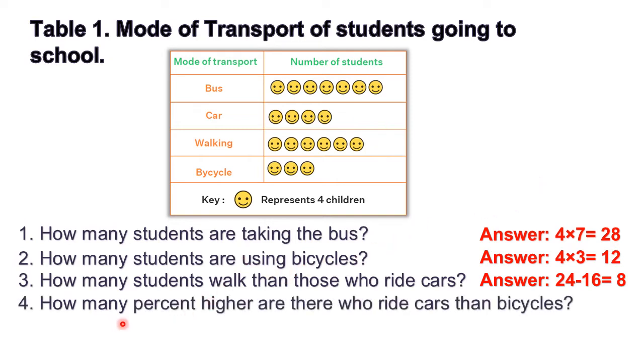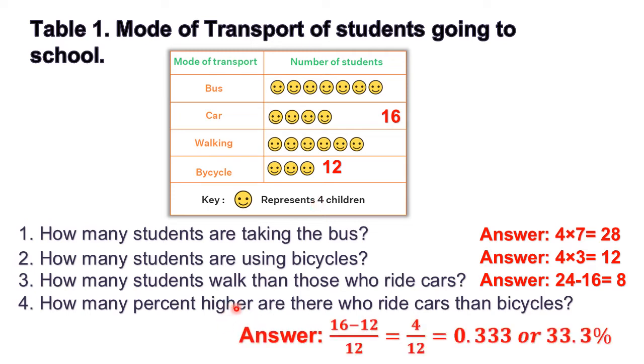Number 4. By what percent are there more who ride cars than bicycles? So let's make some numerical marks again. Those who ride cars have 16. And those who are using bicycles, you already have here 12. We are going to compare them. Percent higher, that means we will use the percentage. Okay, 16 minus 12 will give us 4.